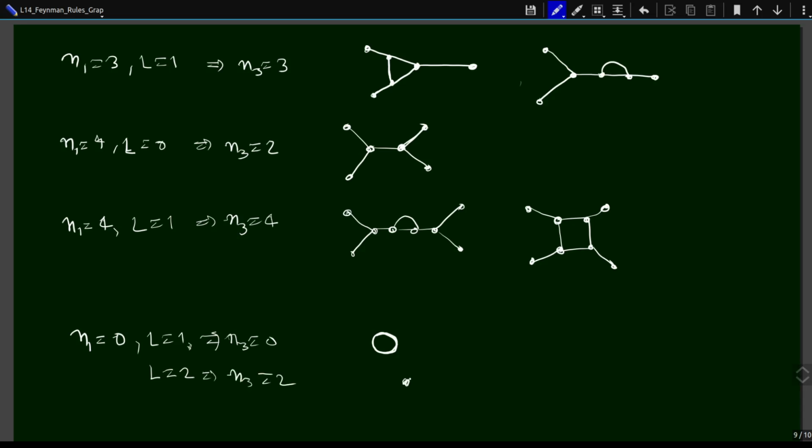Here is the vertex, here is the vertex. We have a diagram like this. So these are all called bubble diagrams, and they will appear in the denominator of that expression that we had, because there is no external leg there. So we have seen this kind of stuff.